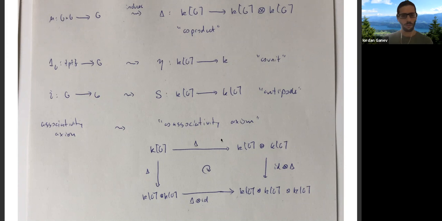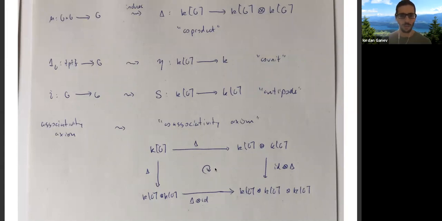There's Sweedler notation for Hopf algebras, and you can use that to write out what this axiom is saying in terms of formulas, but I think it's unambiguously cleaner to just write it as a diagram.